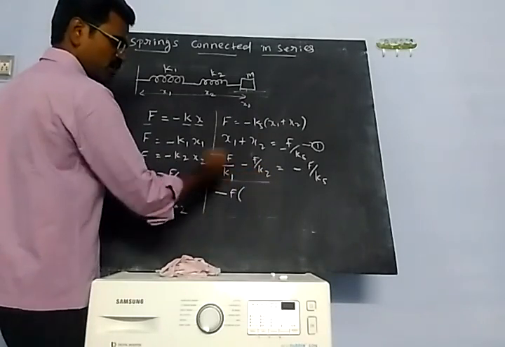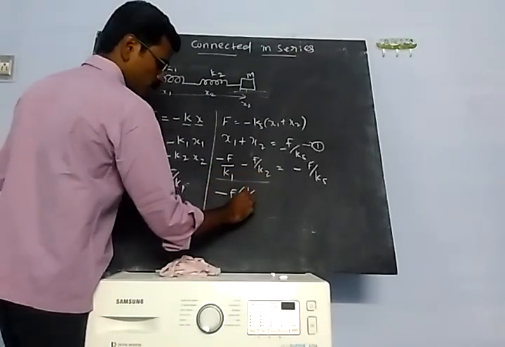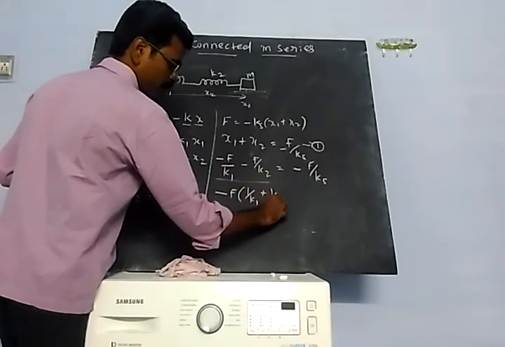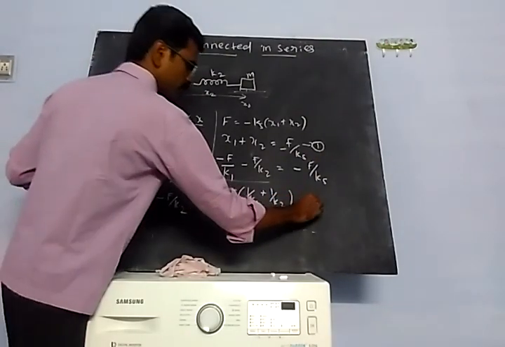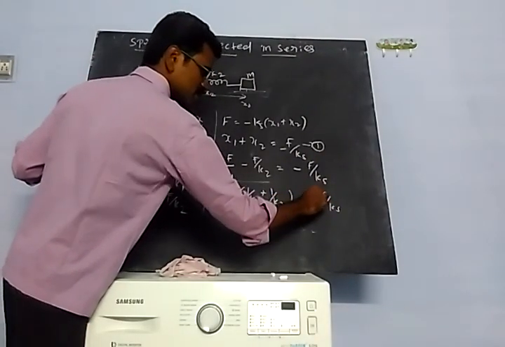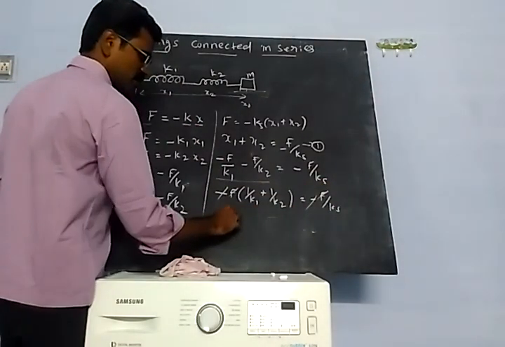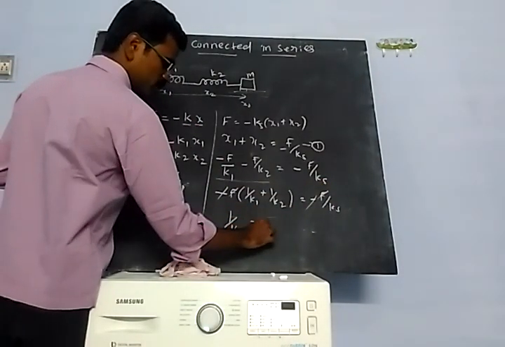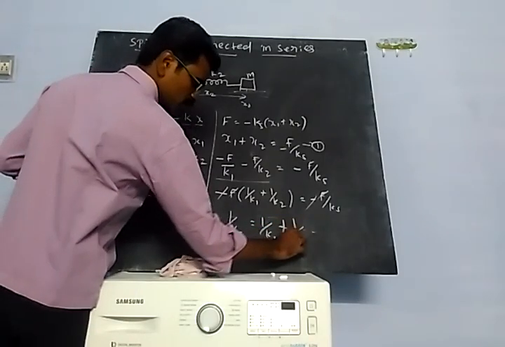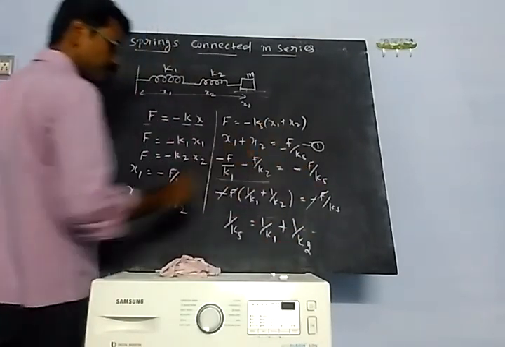So f times 1 by k1 plus 1 by k2 is equal to minus f by ks. Minus minus cancel, and f cancels. You get 1 by ks equal to 1 by k1 plus 1 by k2.